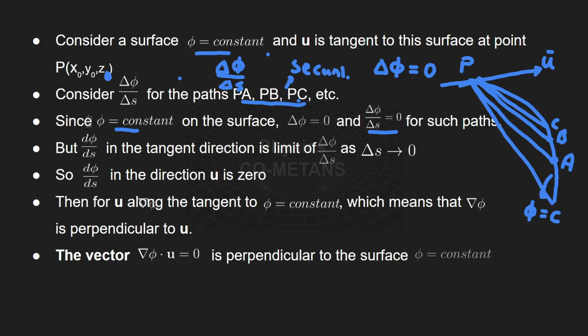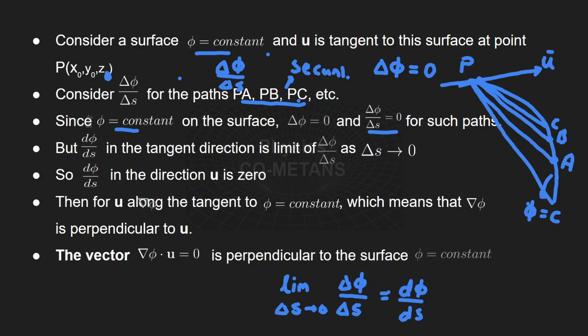Now, we know that the limit as delta s tends to 0 of delta phi by delta s is nothing but d phi by ds.